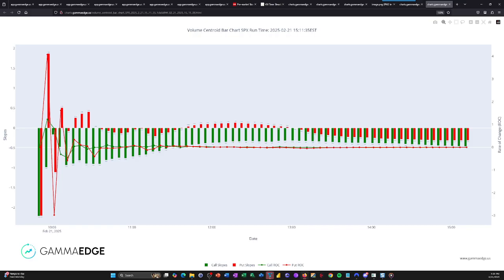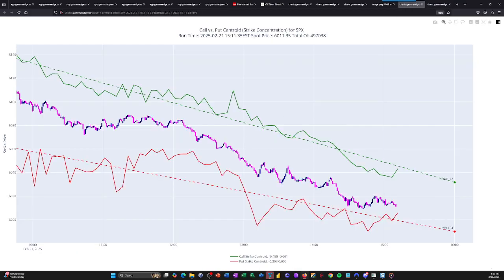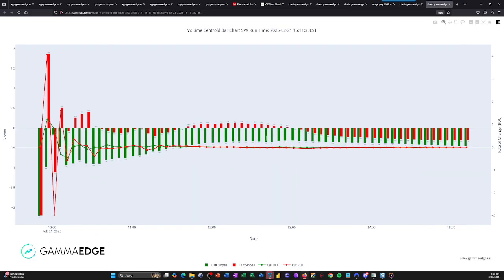Now price has to confirm that. I don't want to just say, oh, the line's getting shorter, the price is dropping. No, you want to go look at price, and you want to see what price is doing. And clearly it was dropping at that time. And you can see it's been just transacting lower and lower and lower, and it looks like it's stabilized out with respect to this afternoon's session. This is telling you that puts are getting opened. Puts getting opened is a bearish condition. We're adding negative deltas to the book.